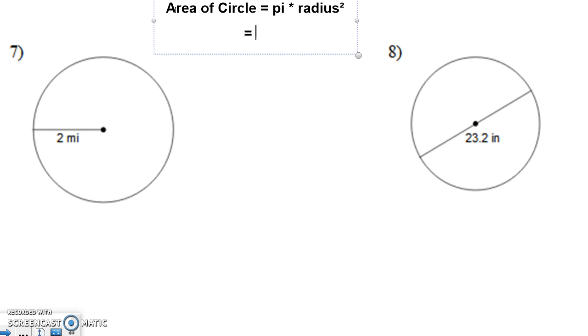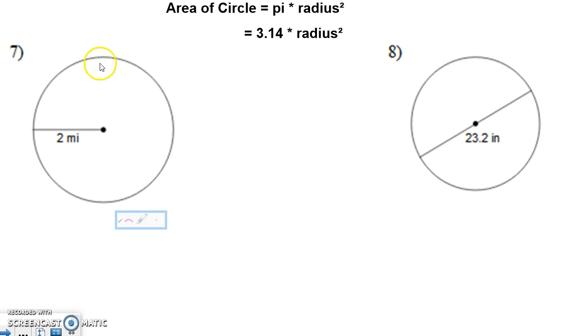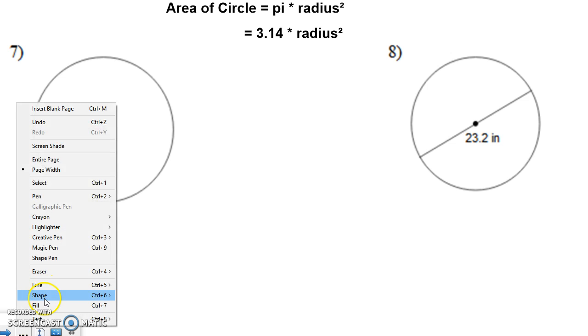So if you want to, you can either use the pi button on your calculator or type 3.14 times your radius squared. So remember, the radius is just the distance from the center to a point on the outside of the circle, so out here. So our radius is just 2 in this problem.